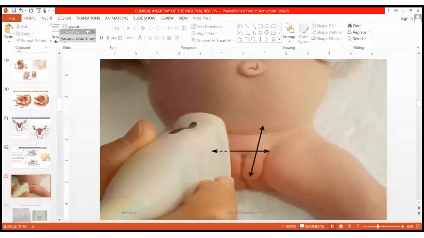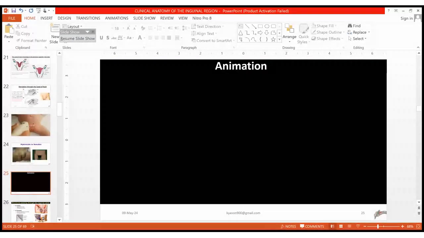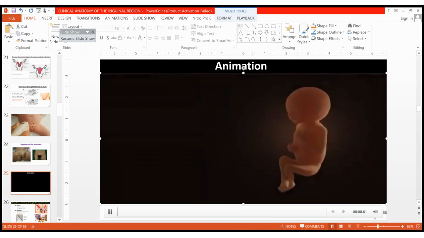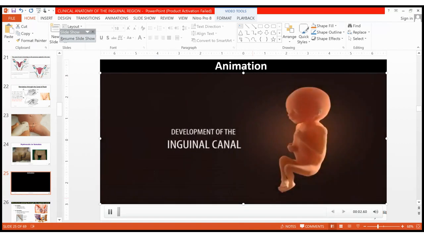It's a 3D animation that can give you a clear perspective on how it forms. Let me hope it will be playing. I think it's playing. Is it playing?